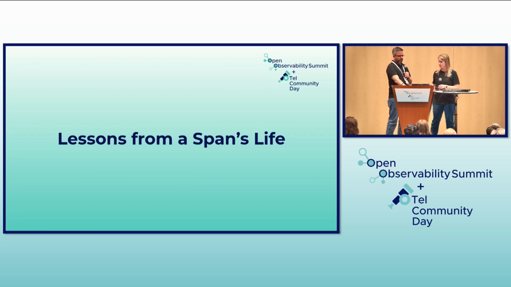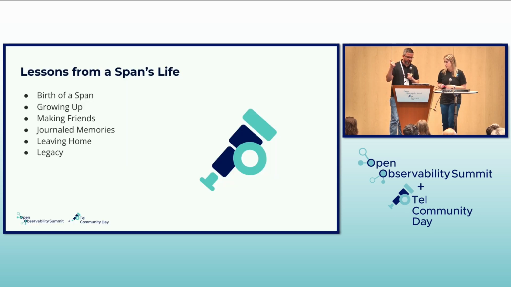So what we learned about Spanley's life: the birth of a span happens with a tracer. The phase where Spanley made new friends means the context propagation, because Spanley made new friends, telling them, hey, look, I'm here and I have something to pass to you.